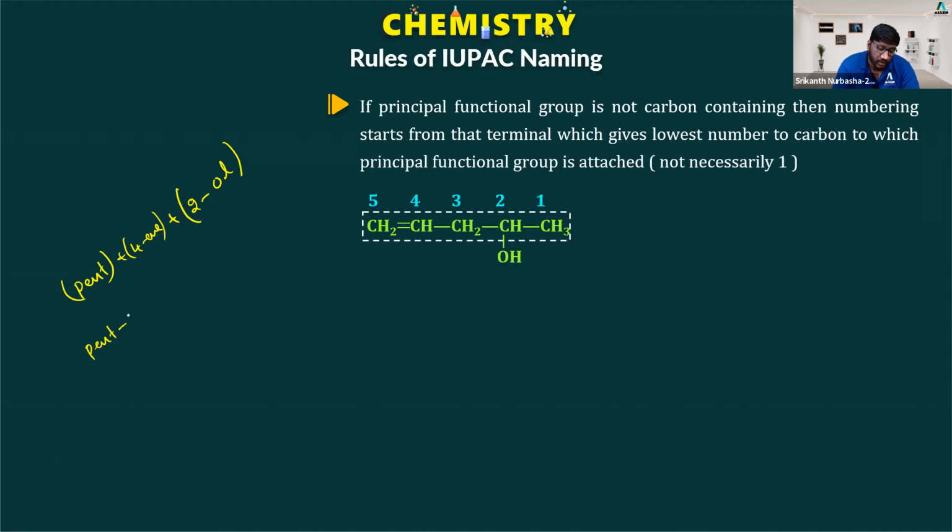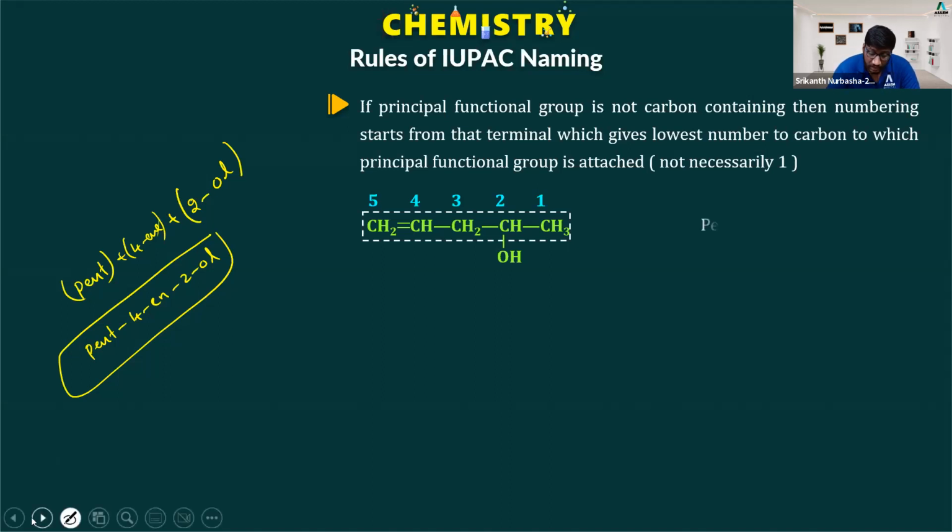Pent-4-en-2-ol. I have dropped the last E of "ene" because the secondary suffix "ol" starts with a vowel, and whenever it starts with a vowel you have to replace the E. So pent-4-en-2-ol, that is the name.